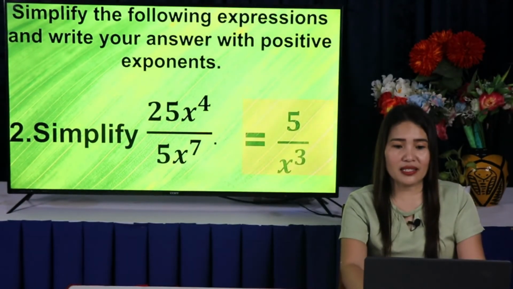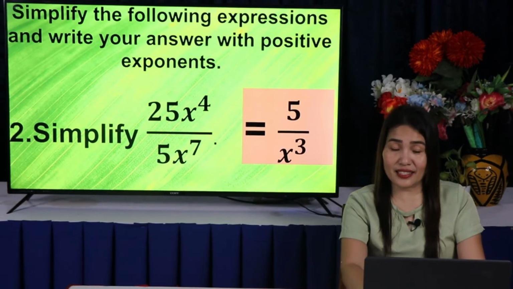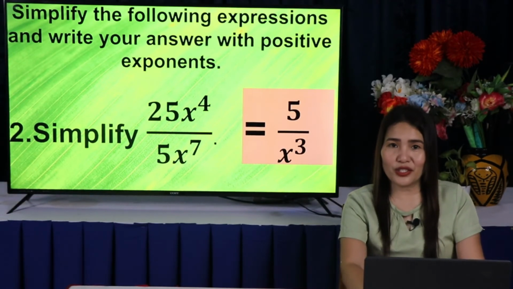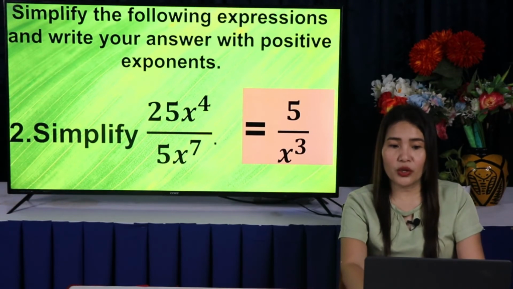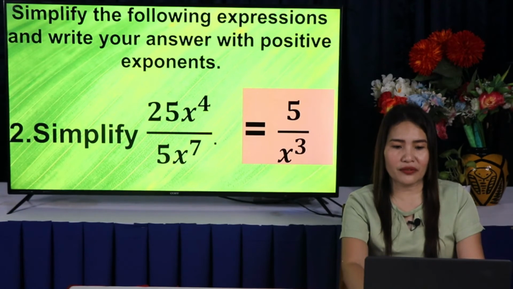The answer is 5 over x raised to 3. How did you do it? Using the quotient rule. We divide first 25 and 5, then we subtract the exponents since it has the same base. Then we come up with x raised to the negative 3, and since we also have the negative exponent rule, our final answer will be 5 over x raised to the power of 3.